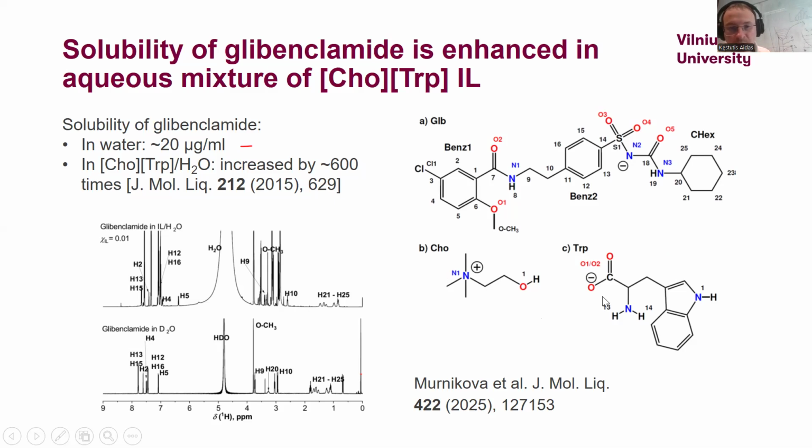This is a third generation ionic liquid, the choline ionic liquids, which are combined with natural amino acid-based anions. So this is another very actively studied family of ionic liquids.